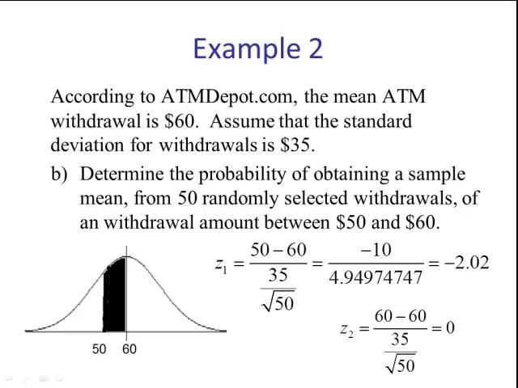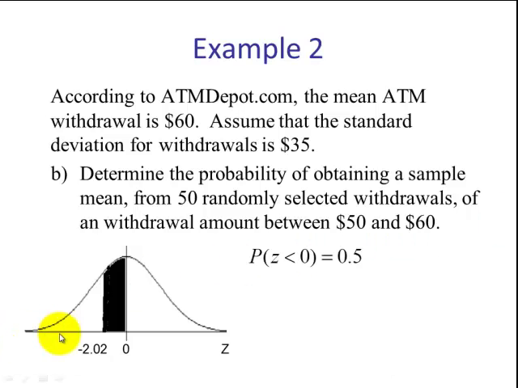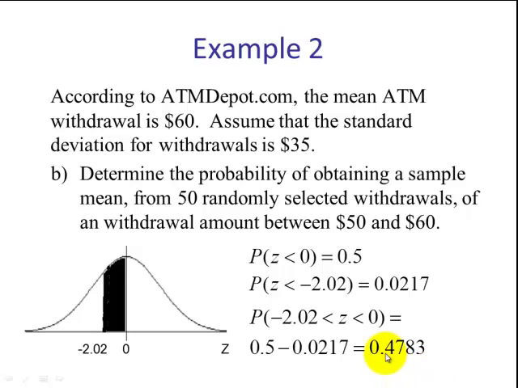If you remember, to find the area in between two z-scores, we look up the largest z-score and the smallest z-score, write those probabilities down and subtract them. The probability of being less than 0 is 0.5. The probability of being less than negative 2.02, according to table 5, is 0.0217. To find the area in between, we subtract these two probabilities, and we end up with 0.4783.